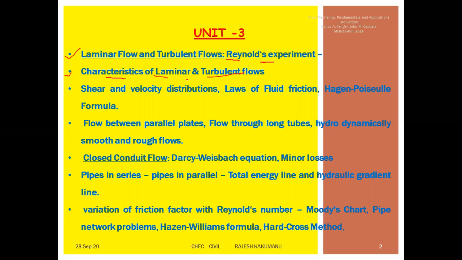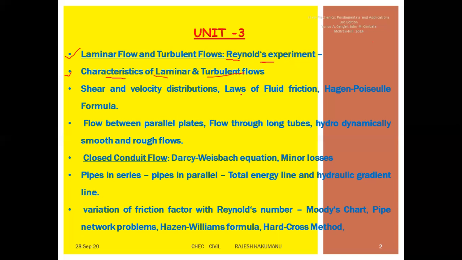Now we will see the various derivations and analyses, and the various types of flows in the other categories: how velocity and shear, and other forces, act on laminar flow, and what the shear and velocity distributions of turbulent flows are.